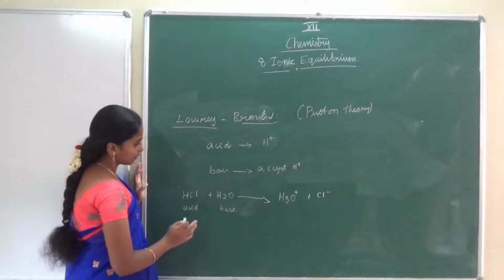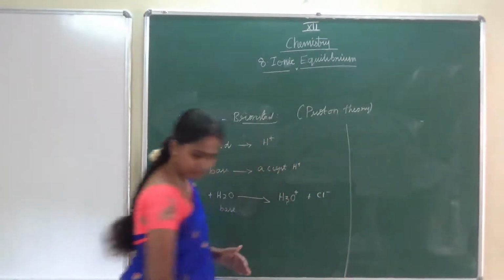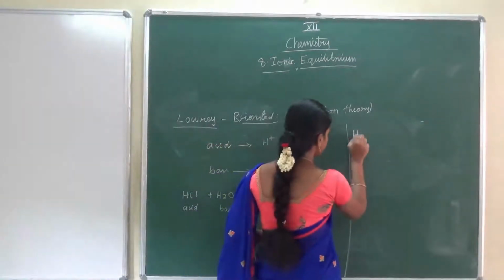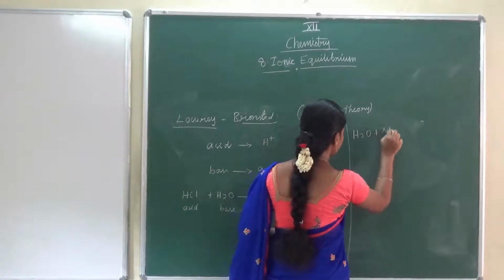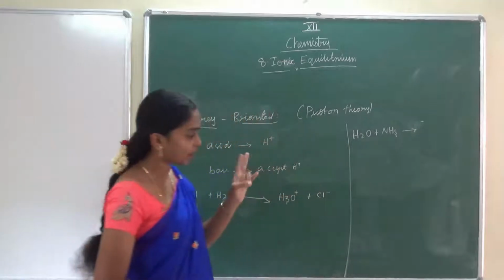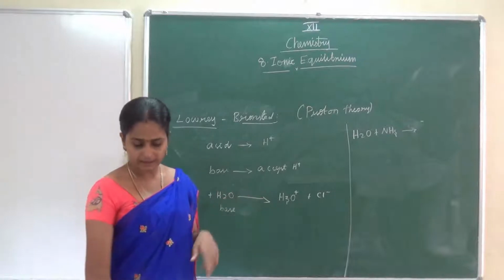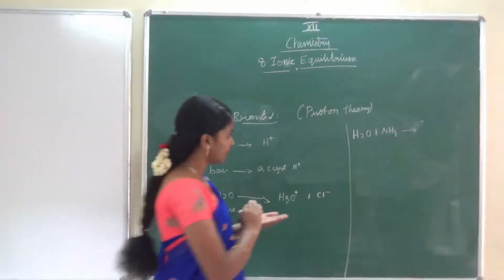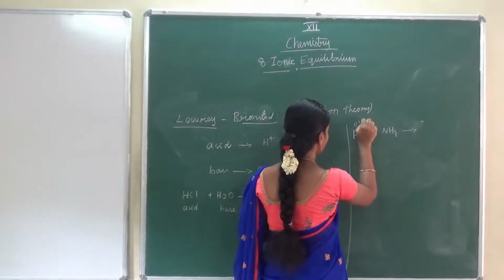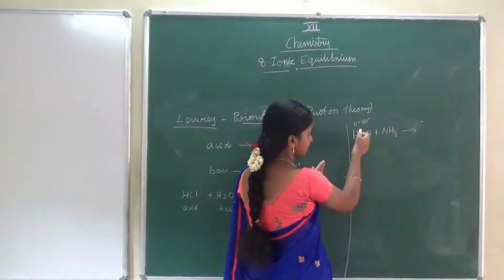Now let's take one more example for base here. For base, let us take water and ammonia, H2O and NH3. In this case, how will H2O split? H plus and OH minus. When it is dissociated as ions, H plus and OH minus, here H2O is going to release H plus.